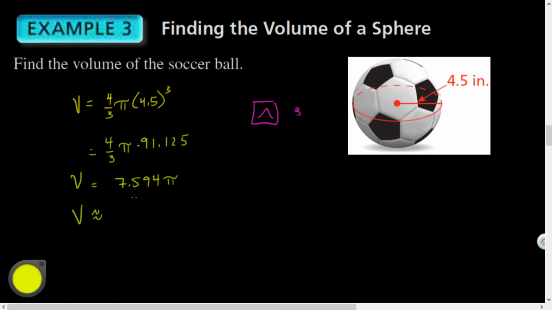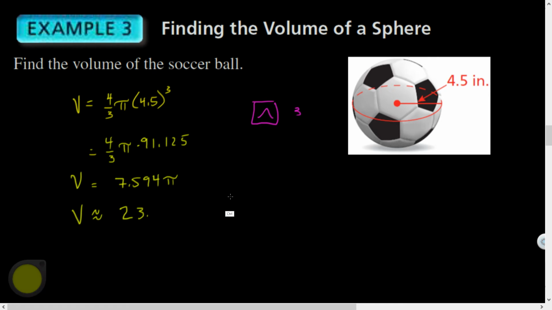And if I multiply that by pi now, I didn't get it? Oh, wait, yeah, times 4. It's going to be bigger than 91. Yes. All right, here we go.